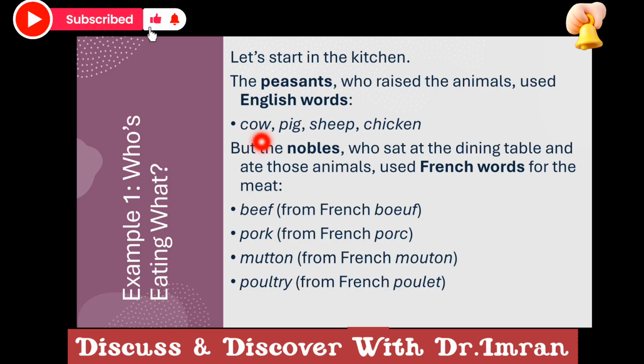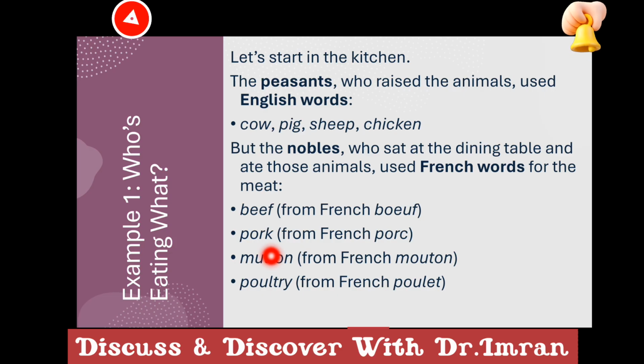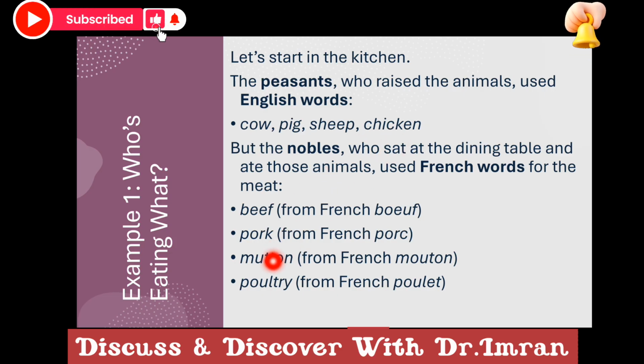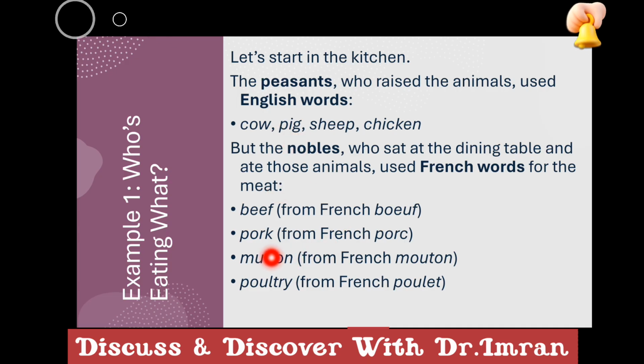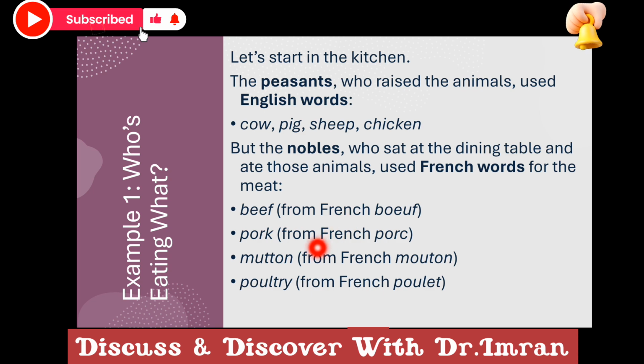Because that is cow, and here they use beef. And then they use pig and pork. They use sheep and they use mutton. And there is chicken and they use poultry. So beef is taken from the cow, pork from the pig, mutton from the sheep, and poultry from the chicken.